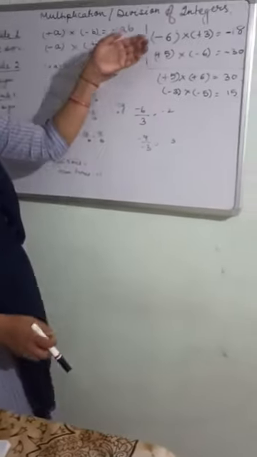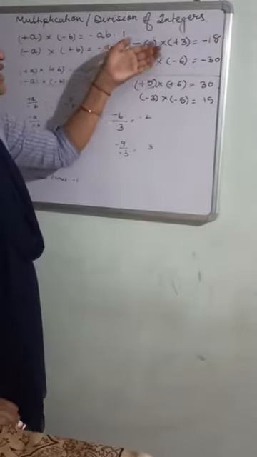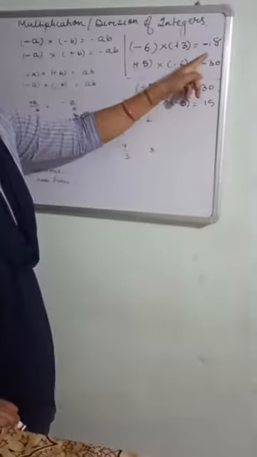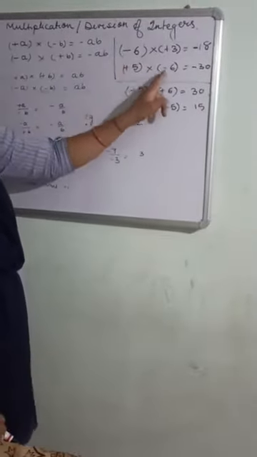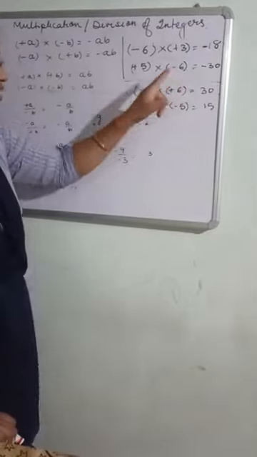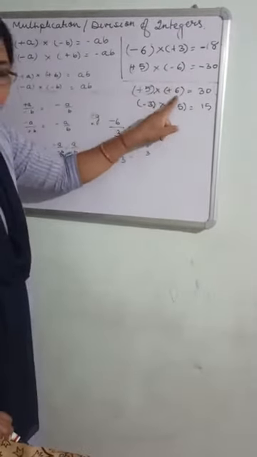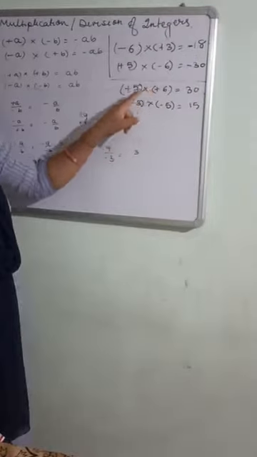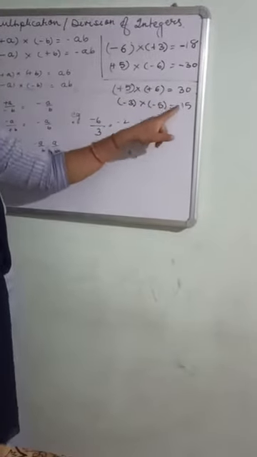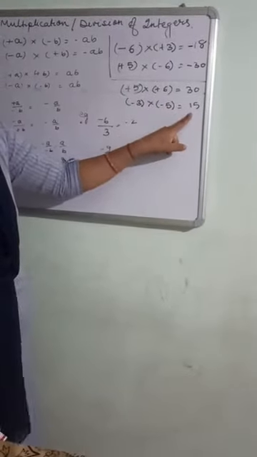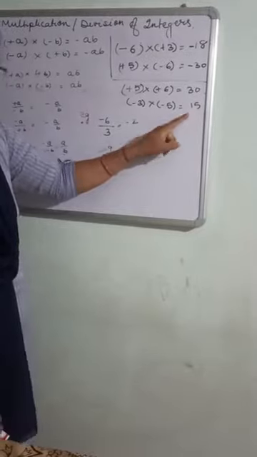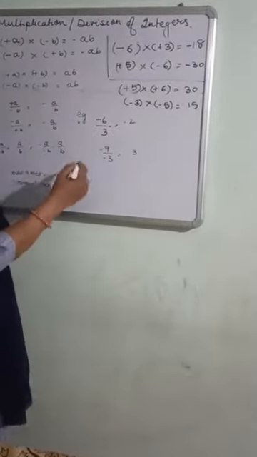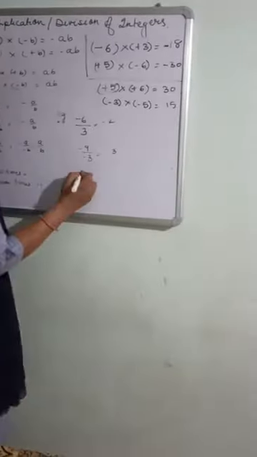Here again we can go for the example. Minus 6 into plus 3, minus 18. Plus 5 into minus 6, minus 30. But if both the numbers are of same sign, either it is plus or either it is negative, the answer will be always positive. So one of the example I can give you right now, just a quick.